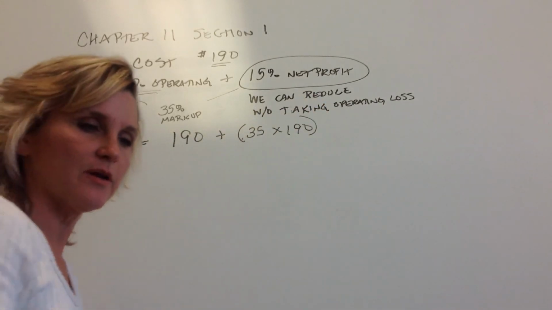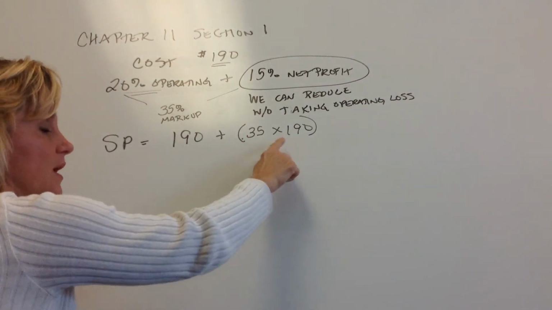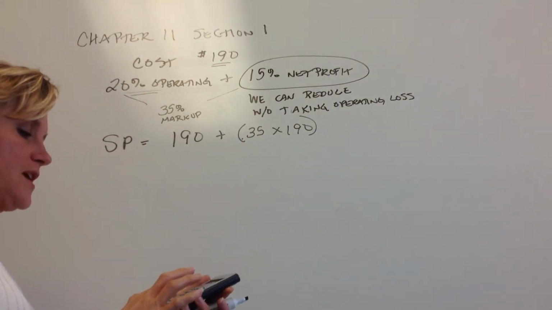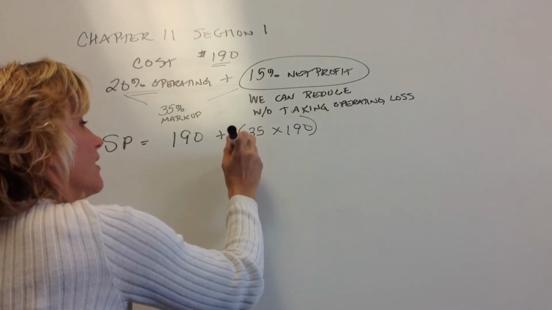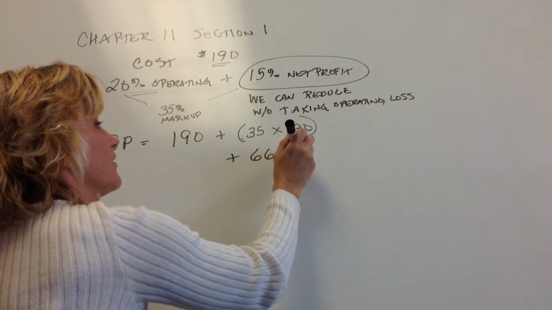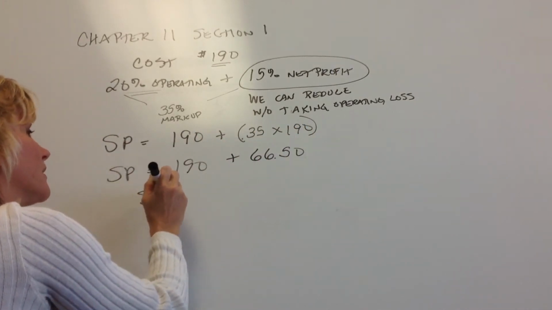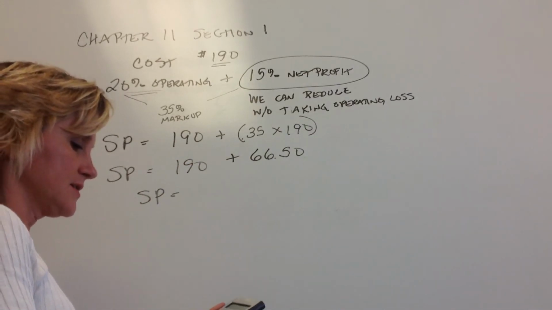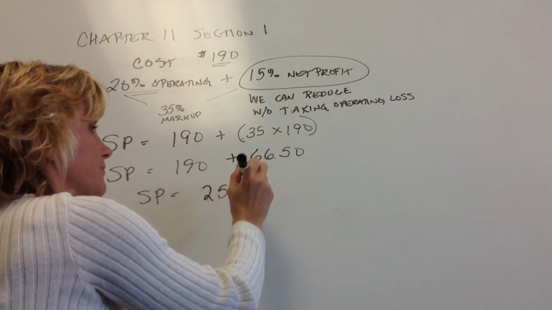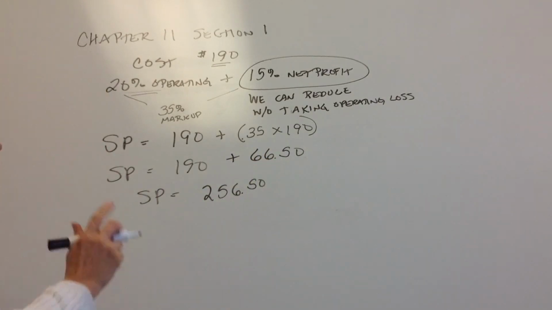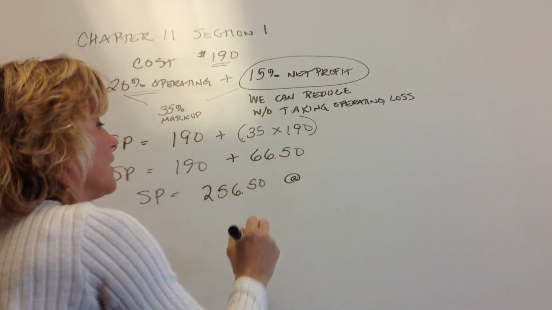So if I put that into my formula, I multiply my 35% times my cost of $190, and I have a markup dollar amount of $66.50. I add that back to my cost to get a total selling price of $256.50. So that was the first thing it asked for. What is our original selling price? So that's this one.